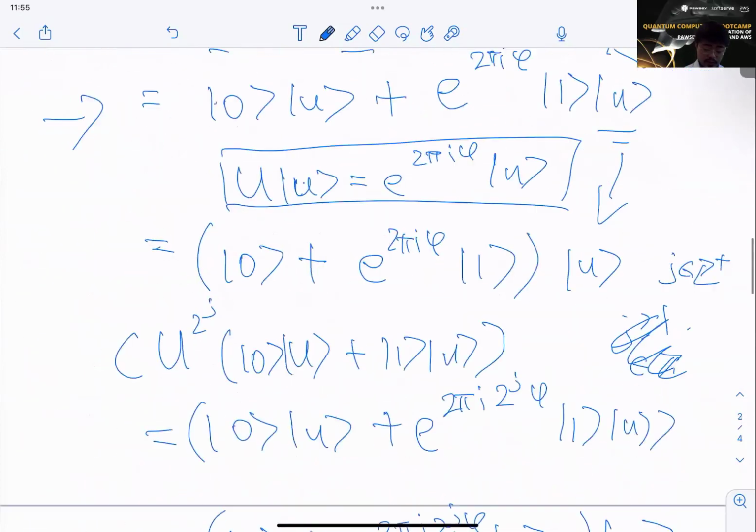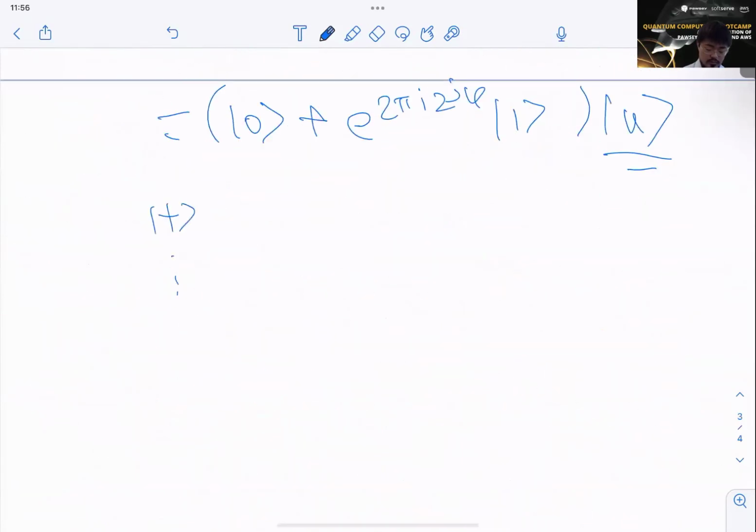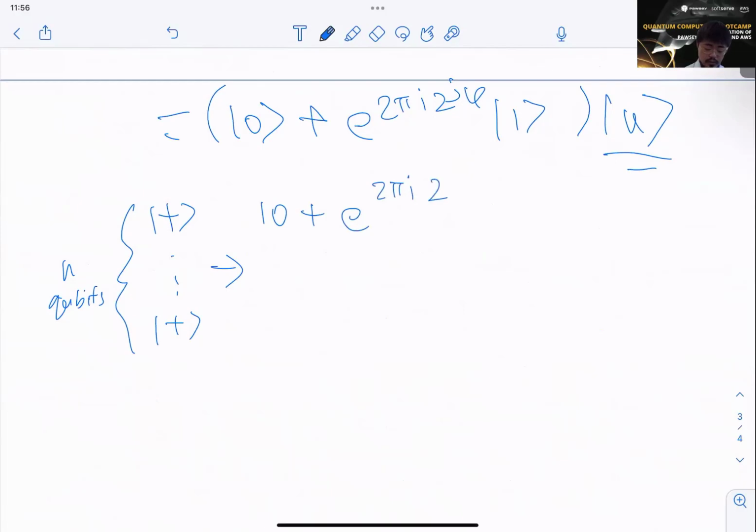So now what we are left with is, if we start with n qubits, the expression that we are left with after the second step is e to the power of 2 pi i 2 to the power of n minus 1 phi. I think it's n minus 1. Yeah, n minus 1. Let's do the second one here.